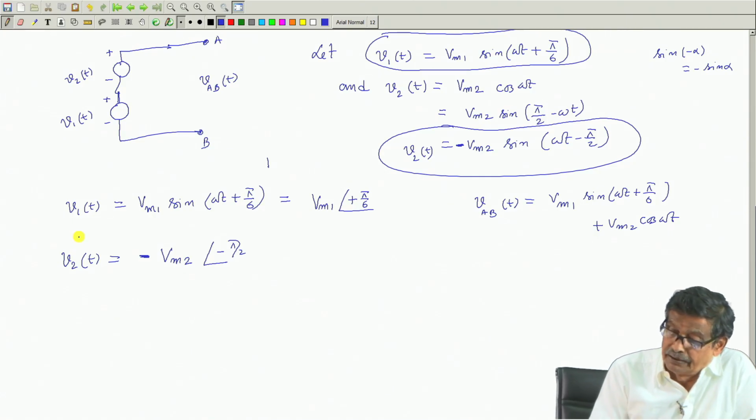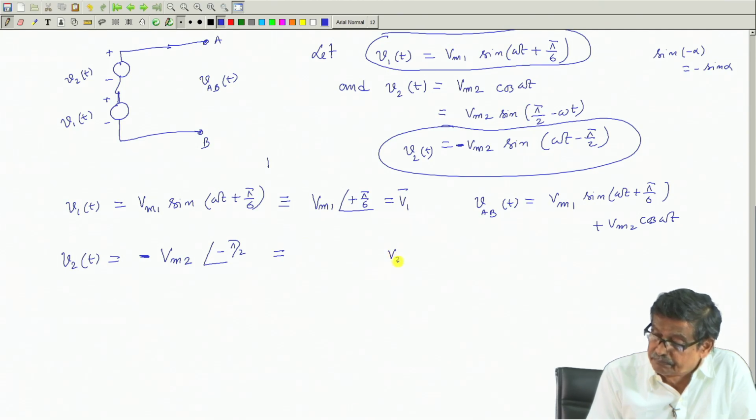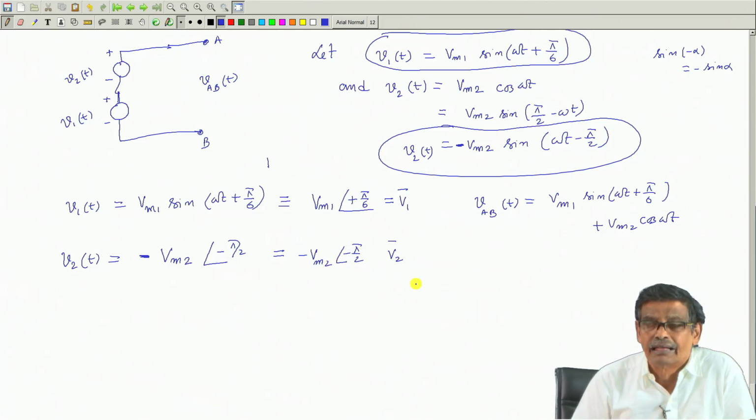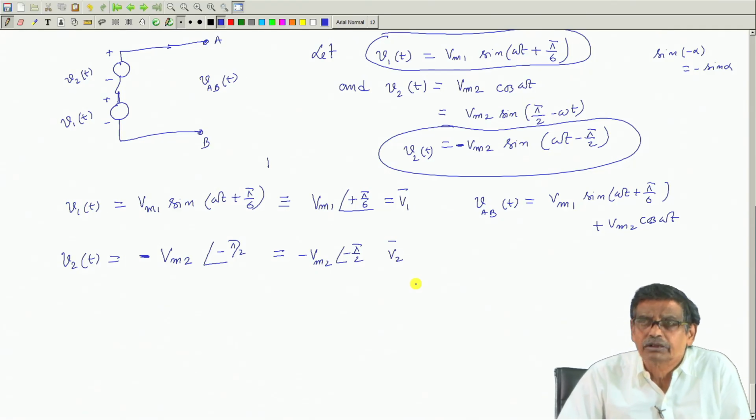So, what I have done? This is my V1 phasor, and this one is the V2 phasor, equal to minus Vm2 with angle minus pi by 2, like this I have got. Generally with phasors, this minus sign, it should have a magnitude in polar form.